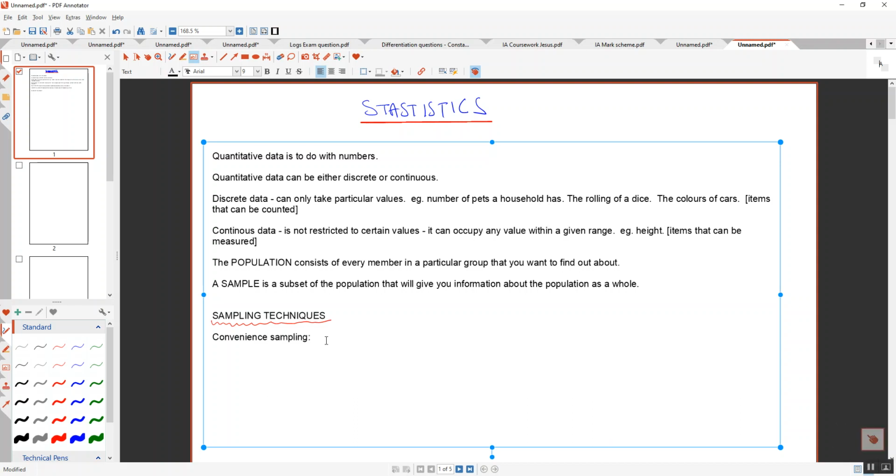Okay, so convenience sampling is the easiest method. You select members of the population which are most easily accessible.